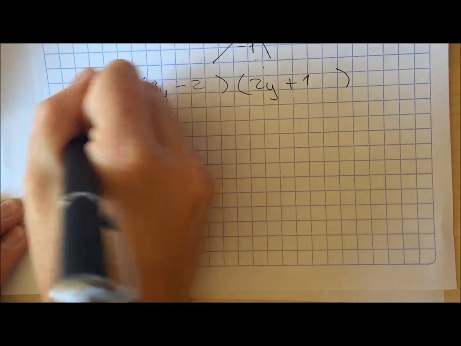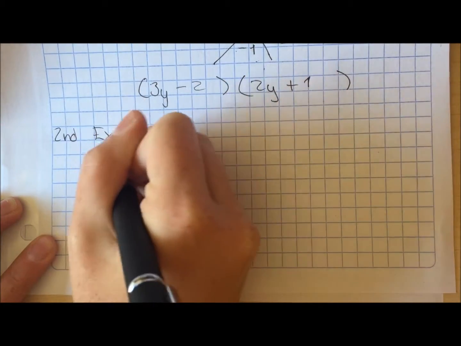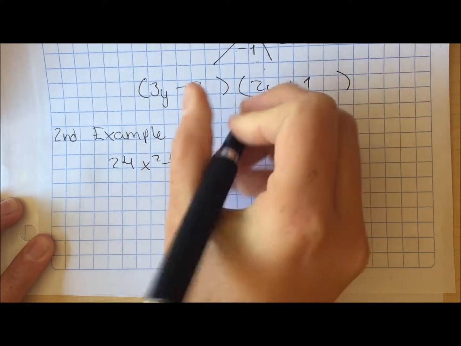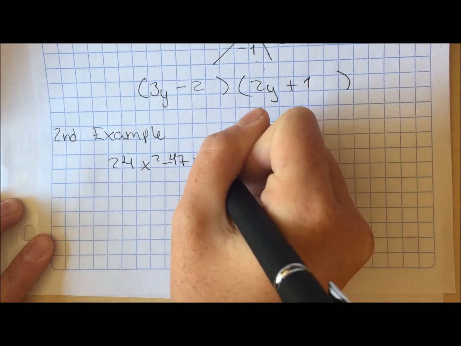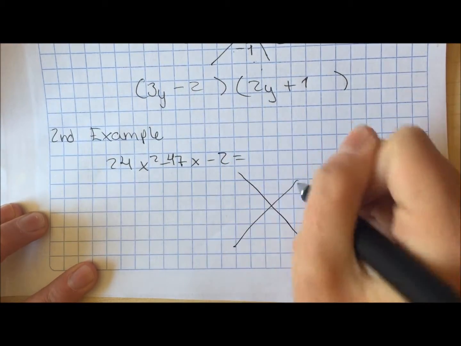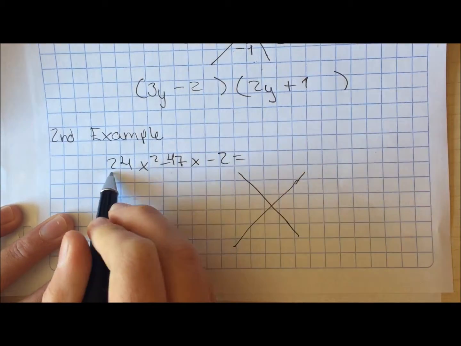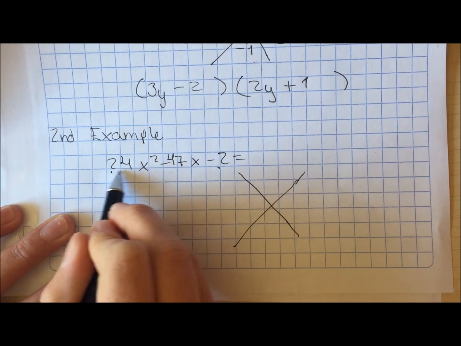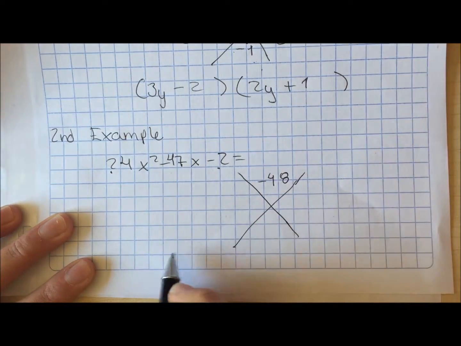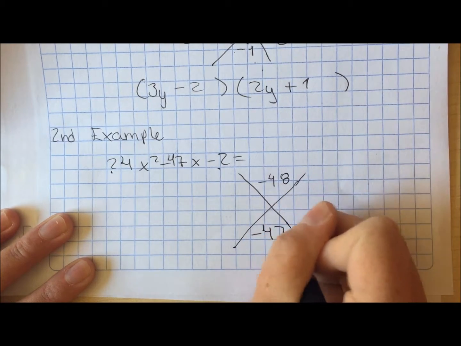A second example to understand this better could be 24x squared minus 47x minus 2. We draw our diamond and write here the result of multiplying 24 by minus 2. That will be minus 48, and over here the b, minus 47.